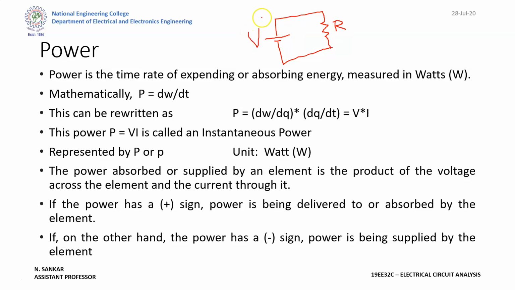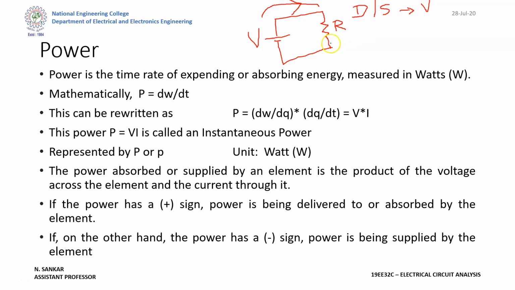If the power is transferred from V to R, through this direction, then this is called power delivered or power supplied by the voltage source V.